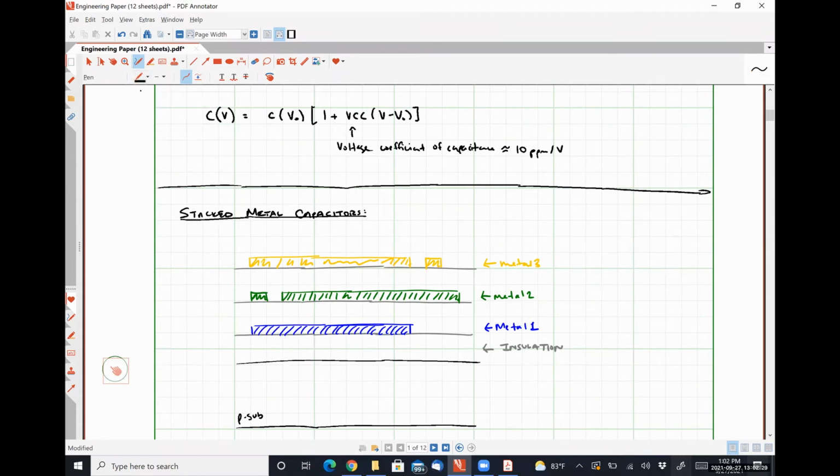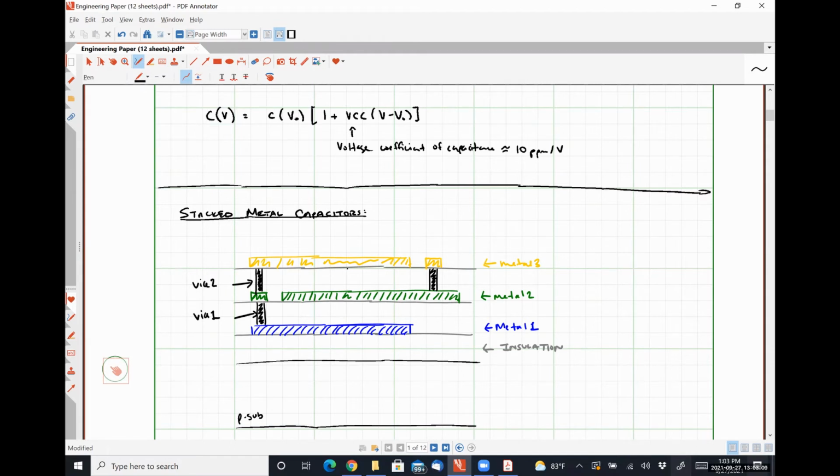What I can do, I can put in a contact, or actually this would be a via 2 because it's between metal layer 2 and metal layer 3 here. Another via 2 region. And if I put one down here, it would be via 1. What I get is multiple capacitors, right?